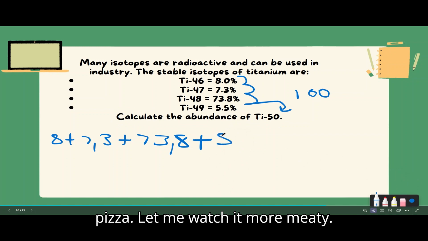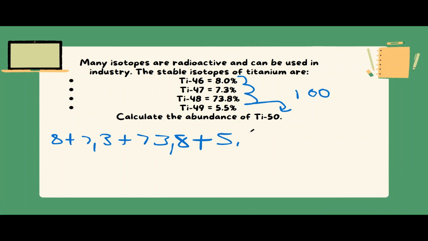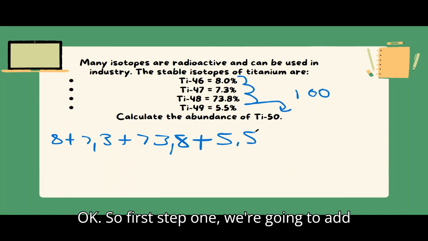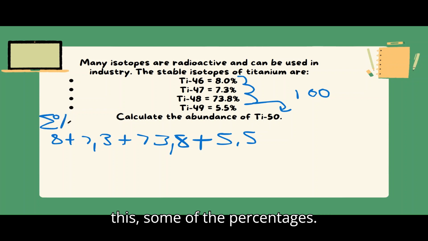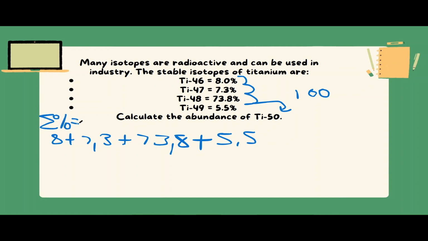Let me write it more neatly. Okay, so first step one, we're going to add the percentages. You try to make it like this, sum of the percentages. Okay, so adding it together would give us 94.6%.